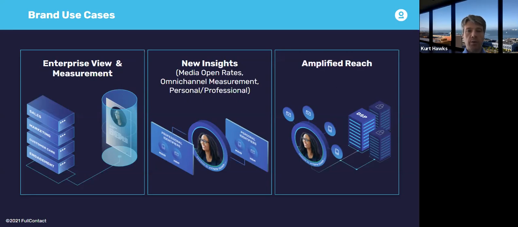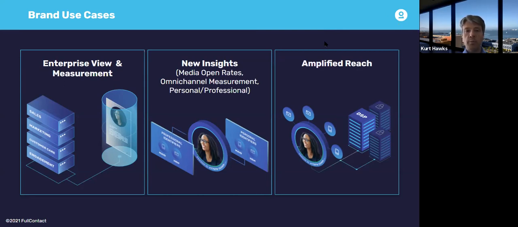There are some other examples around what we call new insights. So think about the capabilities that omni-channel identity resolution enables. As an example, think about if you're doing a direct mailing piece, sending a catalog, sending a promotion via direct mail. Wouldn't it be great to be able to say, great, I sent a direct mail piece, and who received the direct mail, but then actually engaged on the website, whether they logged in and authenticated or not?